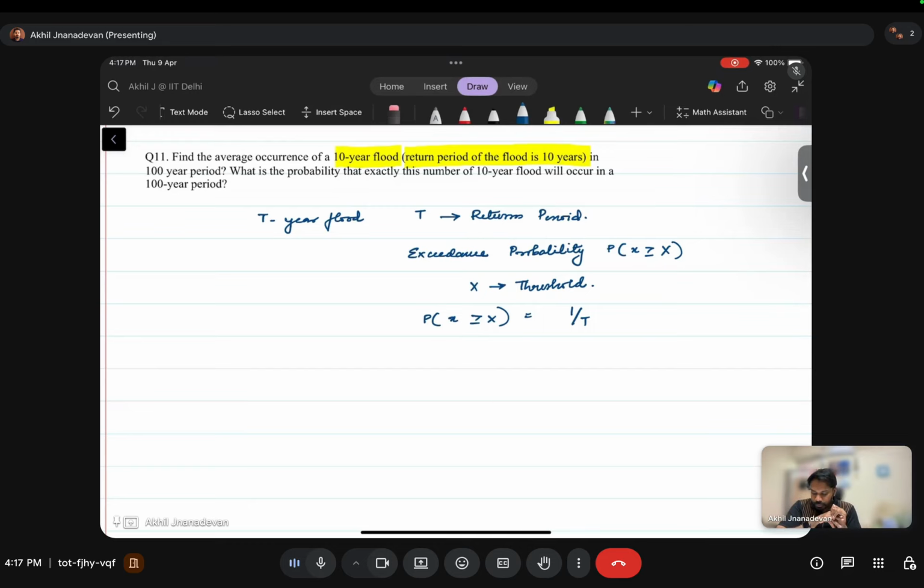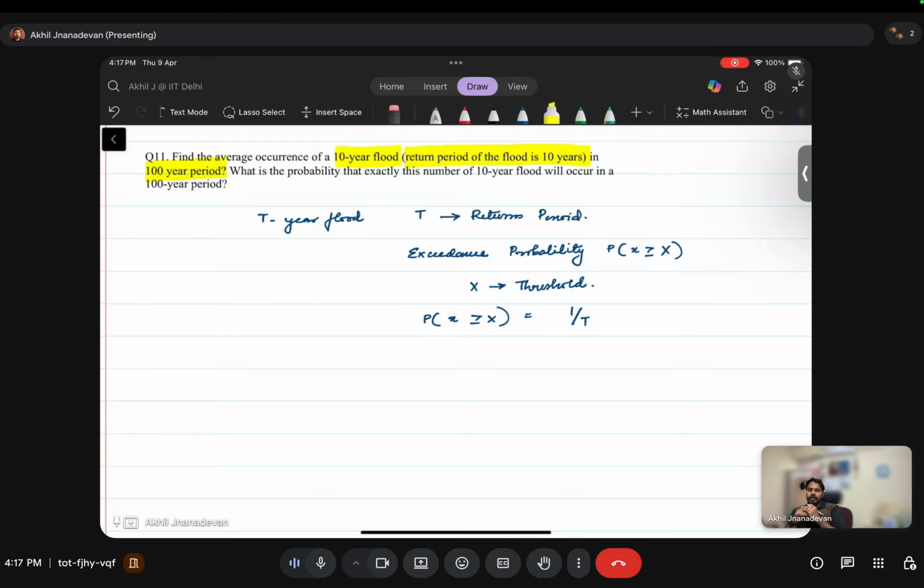Then we can move further to the question. We need to find the average occurrence of a 10-year flood in a period of 100 years. A 10-year flood has a chance of occurrence of once in 10 years.